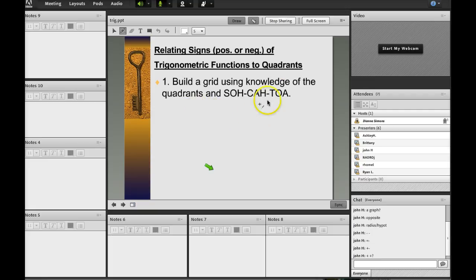First quadrant, let's draw this up here. What are the signs of all the x values and the y values? Positive, positive.